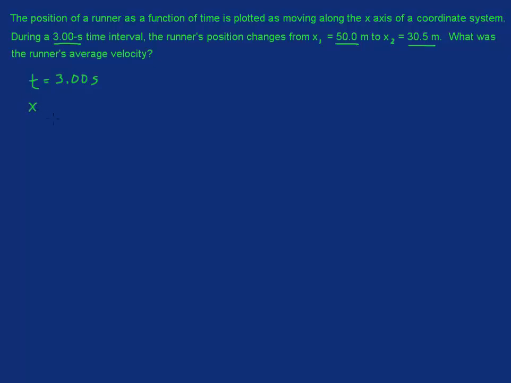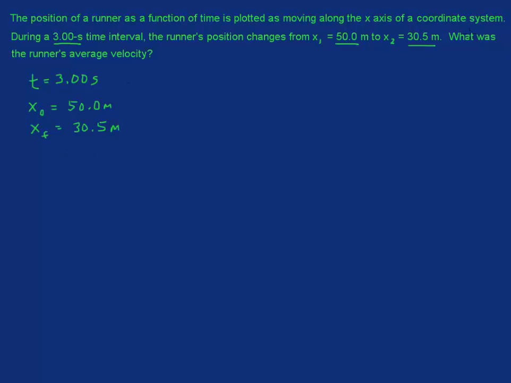Then we've got position x1 and x2. Now I'm going to change x1 to x0 because this is my initial position, and I'm going to change x2 to x final because it's my final position, so it can look a little bit more like our formula. Now again, what am I looking for?